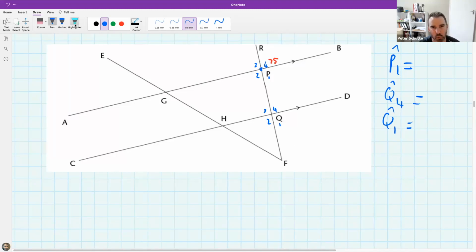And there's one really important thing: what does this mean? There are these lines, and they both have arrows. I want to know, what do those two arrows mean? And what things could help us? I'm giving you the angle in red. I'm saying that R4 is 75 degrees. I want to know what P1 is, and I want to know what Q4 and Q1 are.